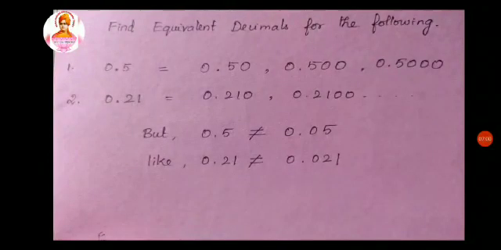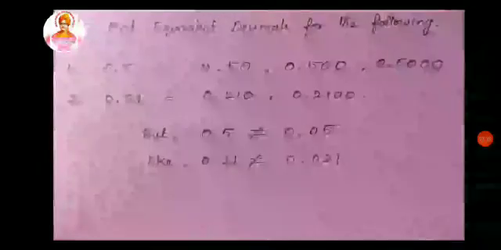But 0.5 is not equal to 0.05, because the value of the decimal places changes here. Like 0.21 is not equal to 0.021. So this is how we can find the equivalent decimals.